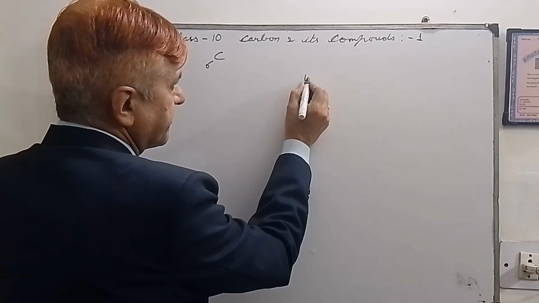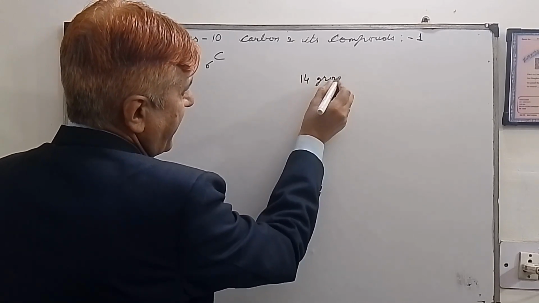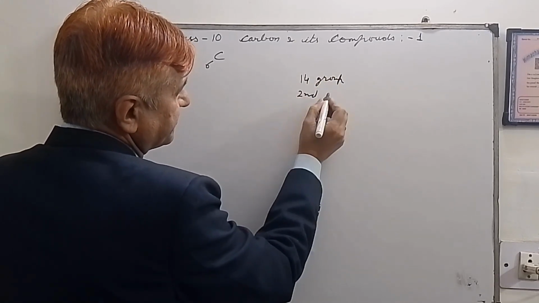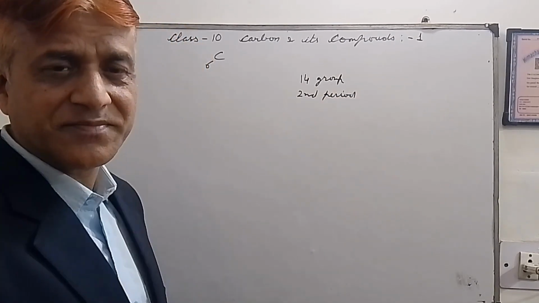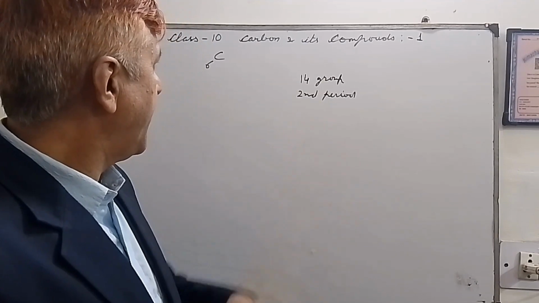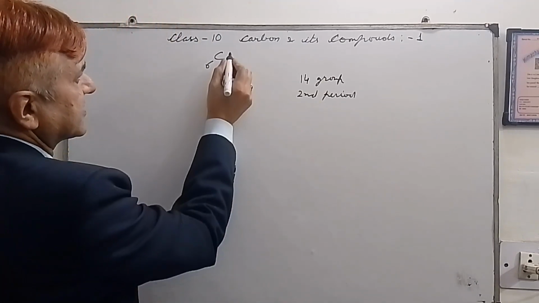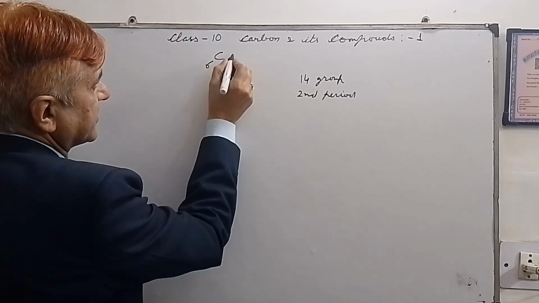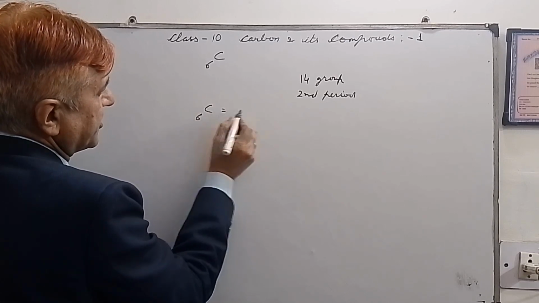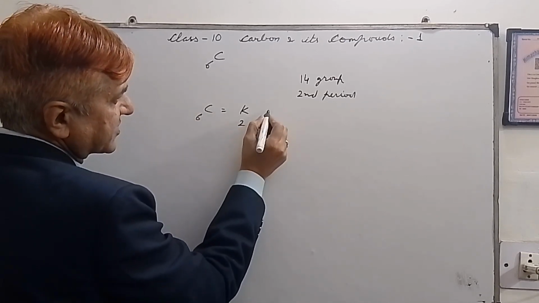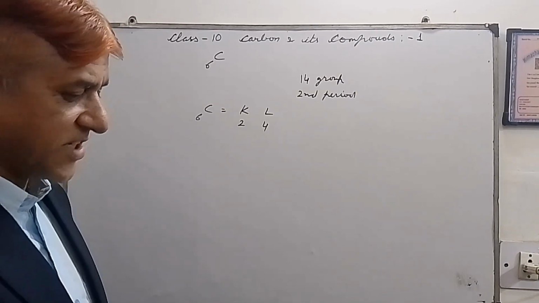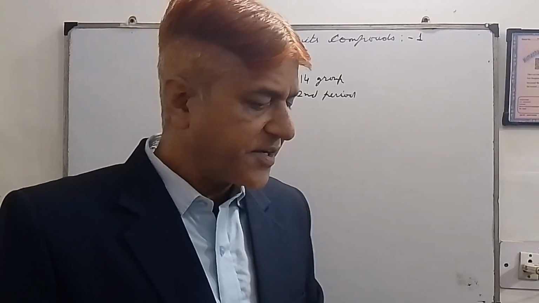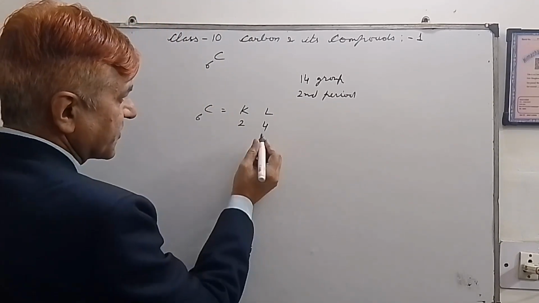14th group and second period placement in the periodic table, and its electronic configuration is 2 electrons in K shell and 4 electrons in L shell, and its valency is 4.